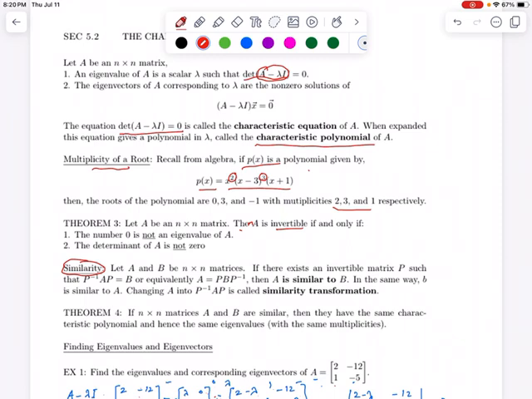If there exists an invertible matrix P, now notice that the inverse of A and B is not discussed here. Is A invertible? Is B invertible? We don't care about that.